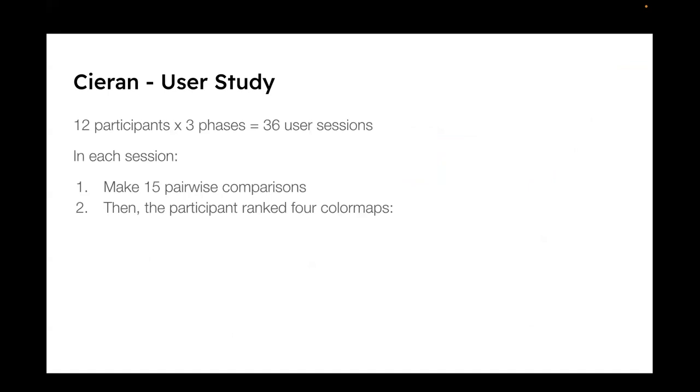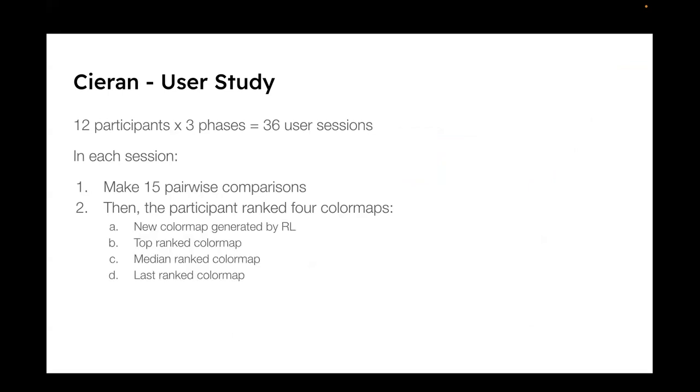We had 12 participants where each person iteratively input 15 choices. Then they were asked to rank 4 color maps, which were the new color map generated by the reinforcement learning algorithm, the top ranked existing color map, the median ranked color map, and the last ranked color map.